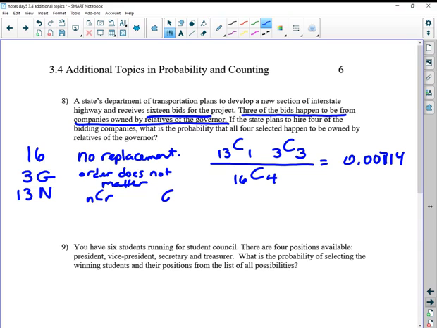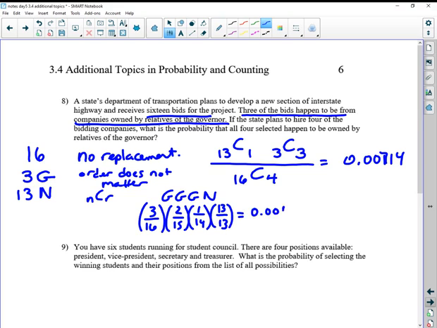You can think of it as, what if you went out there and picked 3 governor bids and a non-governor bid? This way of looking at it is just as effective, but the thing that makes this a little bit tricky is that at this point these aren't matching right now.